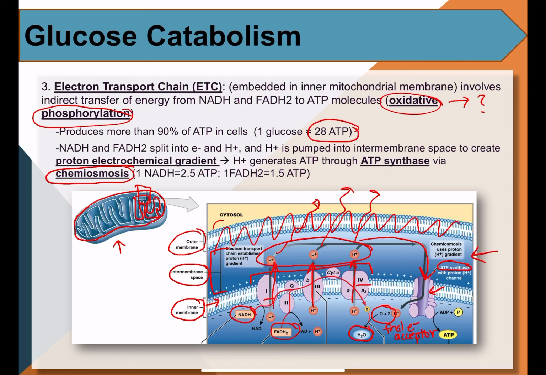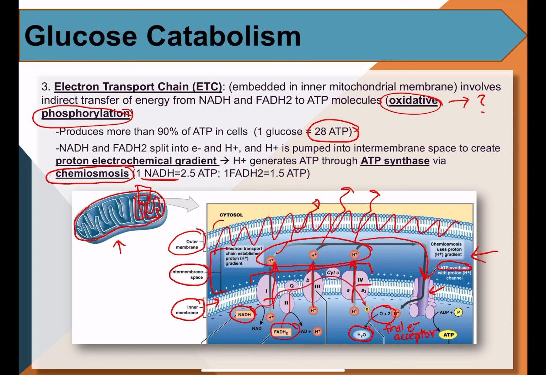Now, with the process of the electron transport chain, we've been talking about how we're able to make a lot of ATP, but exactly how many molecules of ATP are we able to make from an NADH or FADH2 electron carrier? Here it is.